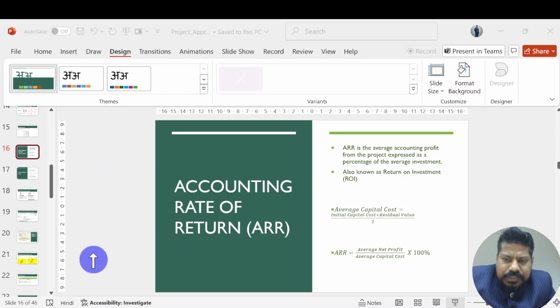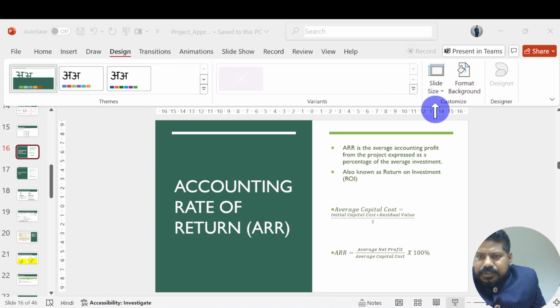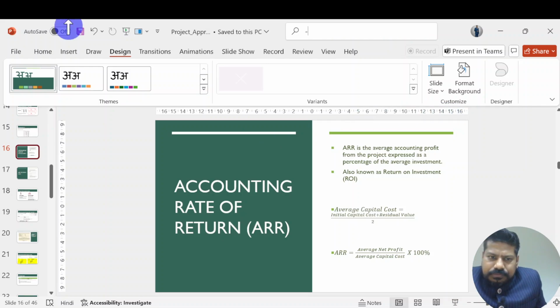Average investment is 25,000, which is the initial capital cost, plus the residual value, which comes down to 30,000, divided by 2, which comes down to 15,000. So average annual profit 7,500 divided by 15,000 times 100 is 50%.